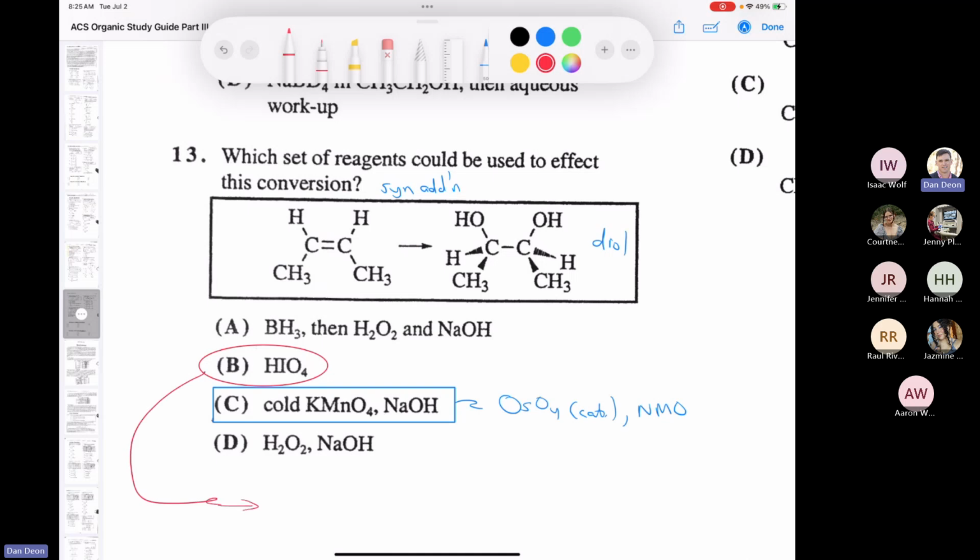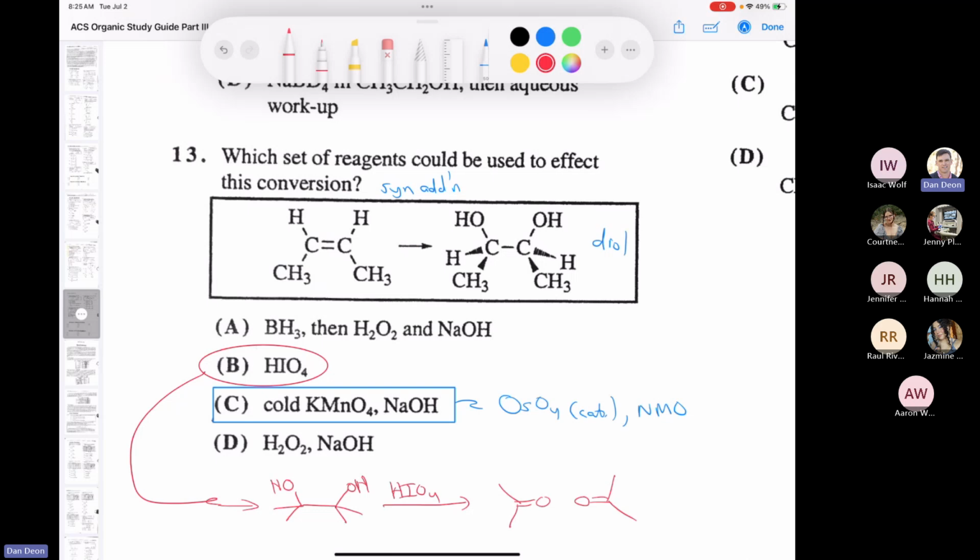But if you're wondering what that's for, it's for when you have the diol already. So let's say you had a diol like this, something like this, okay? What it's going to do when you treat it with periodic acid is break the diol to give you a pair of carbonyl compounds, okay? Again, we didn't even cover this reaction, but in case you're wondering what that is, that's what it is.